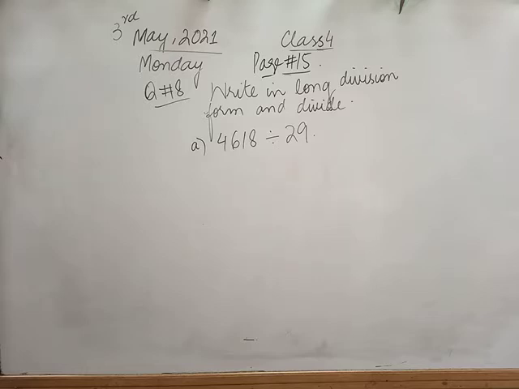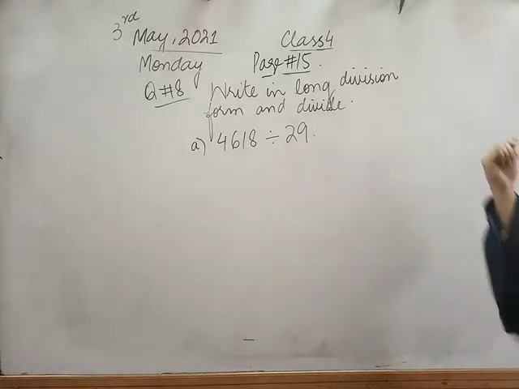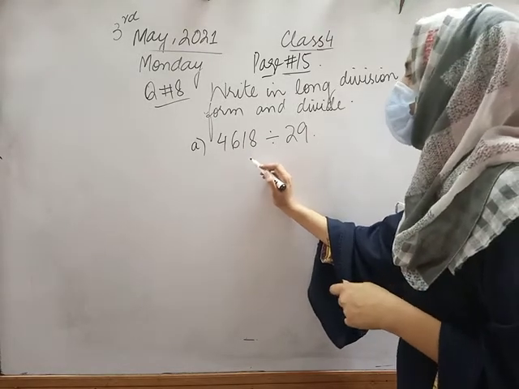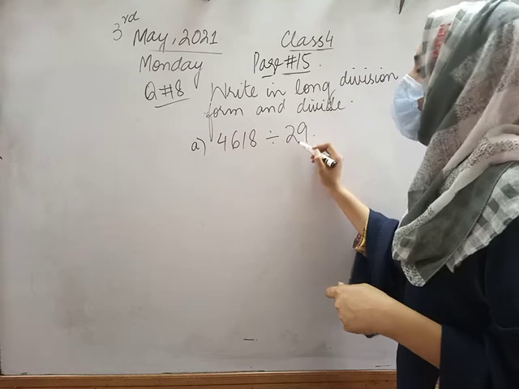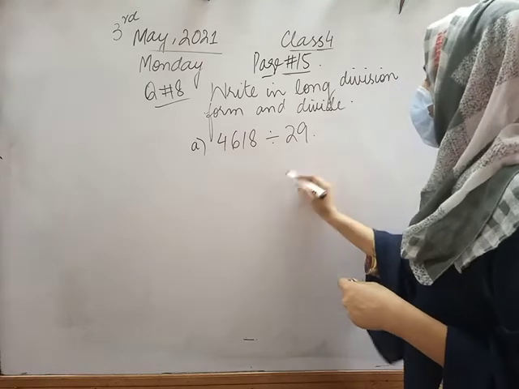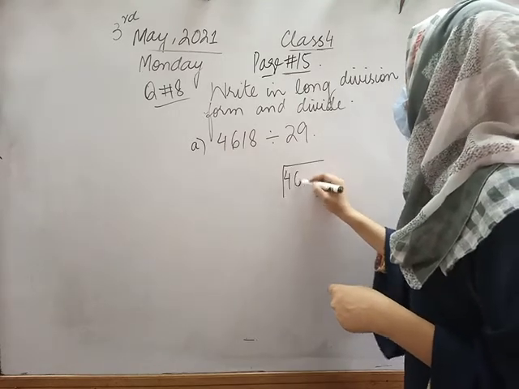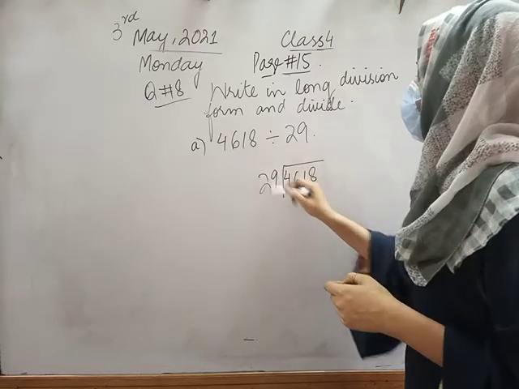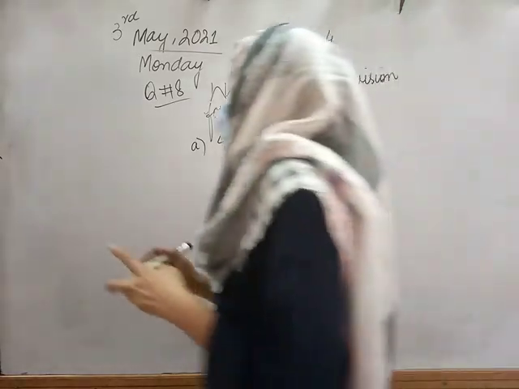Yes, Sadim, you tell me. Very good. This is the dividend, which we are dividing, and the one by which we divide is the divisor. So I will write 4618 inside the division and 29 outside the division.